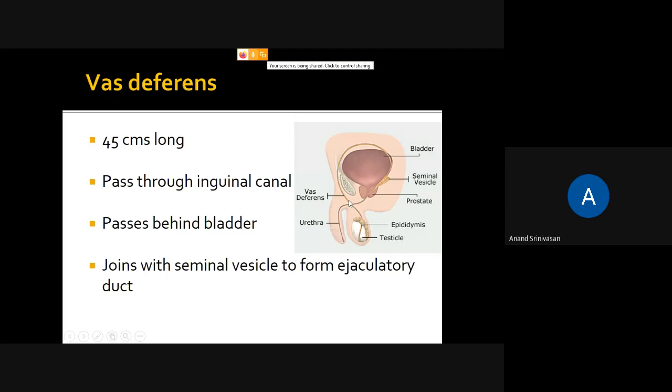The vas deferens goes through the spermatic cord, through the anterior abdominal wall, and goes behind the urinary bladder, where it joins with the seminal vesicle and forms the ejaculatory duct. This ejaculatory duct opens into the posterior surface of the prostatic urethra. Any doubts?